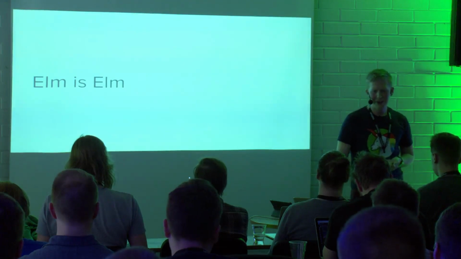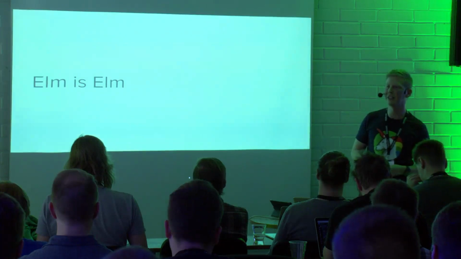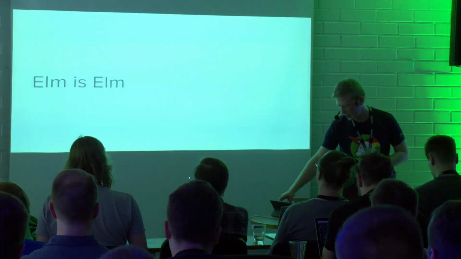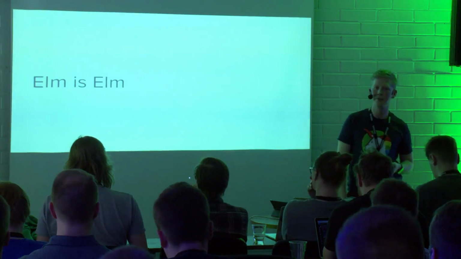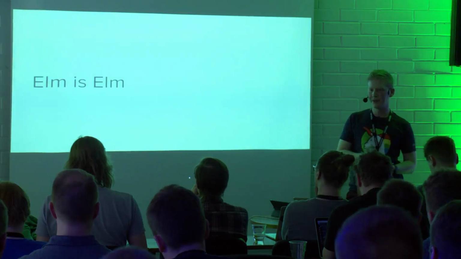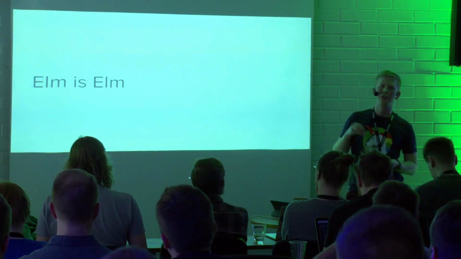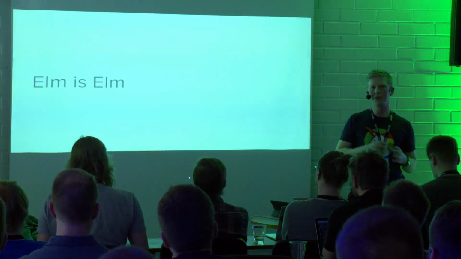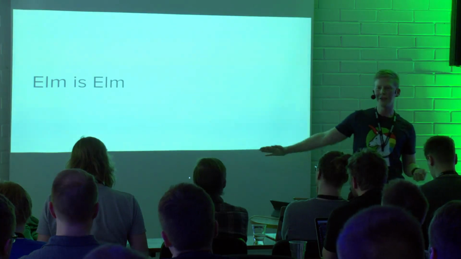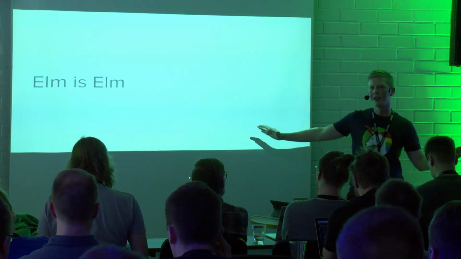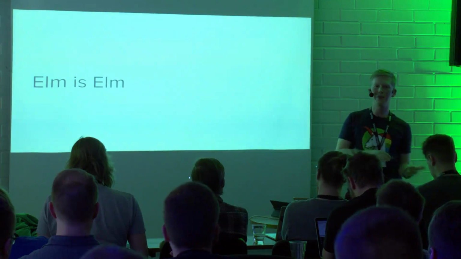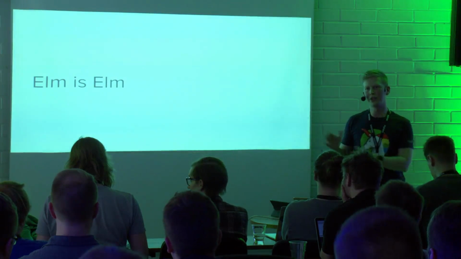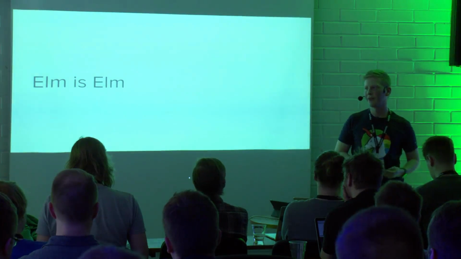Now, Elm is Elm. It's a language of its own. It has its own constructs and it's designed for applications. JavaScript has this concept of one JavaScript, which means that it can only ever grow. The API surface can only ever get bigger because all the applications that have been written in a previous or older version of JavaScript will continue to work in newer browsers.